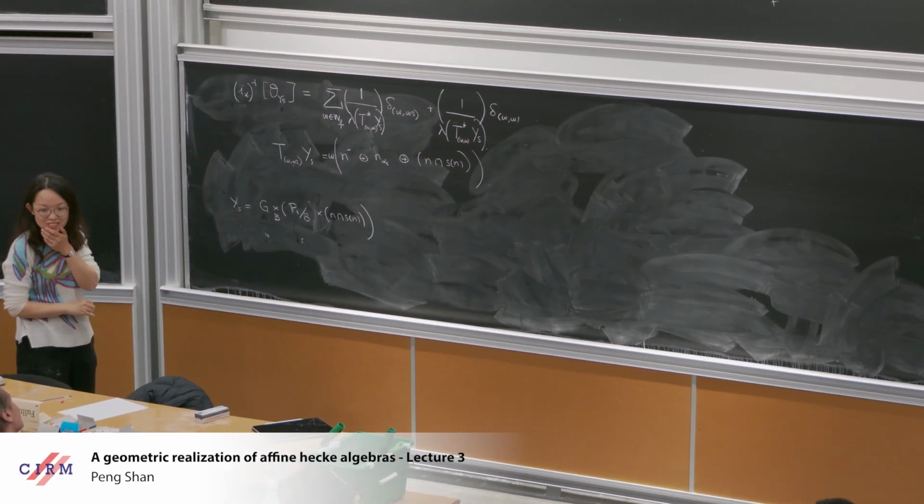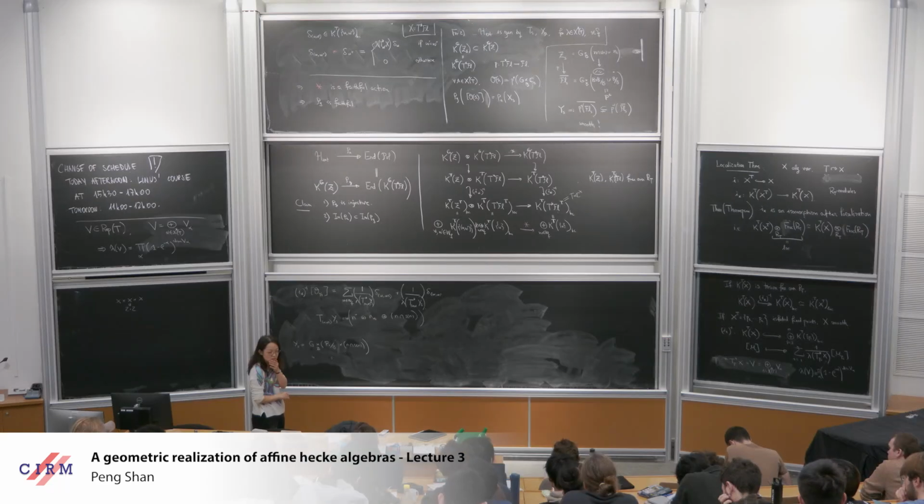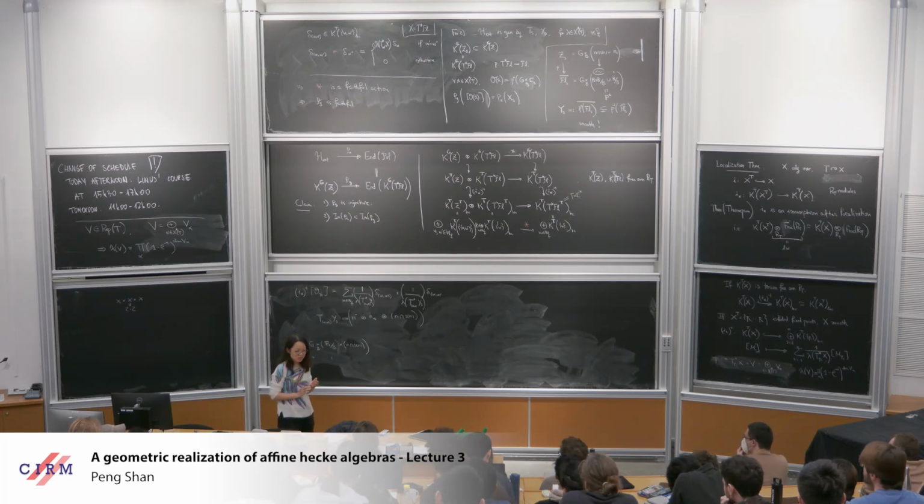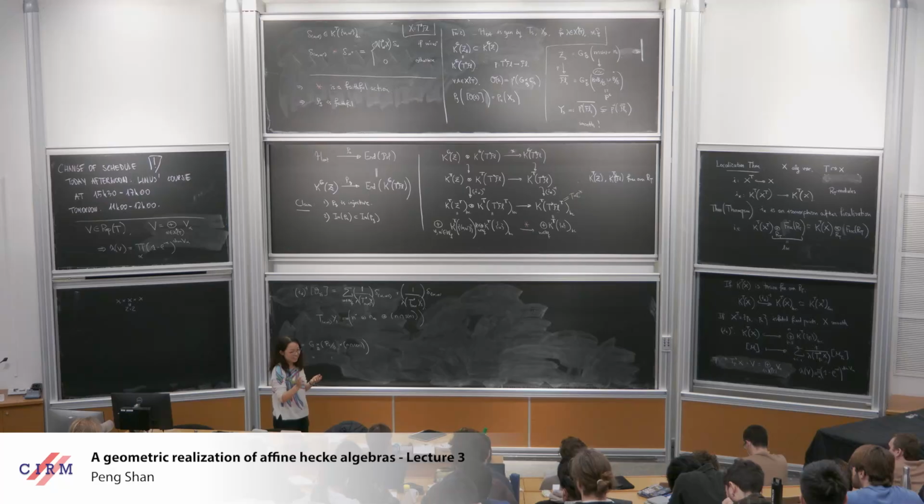I don't understand why I need conormal for the flag variety. Okay, so I don't need that part, I omitted something.